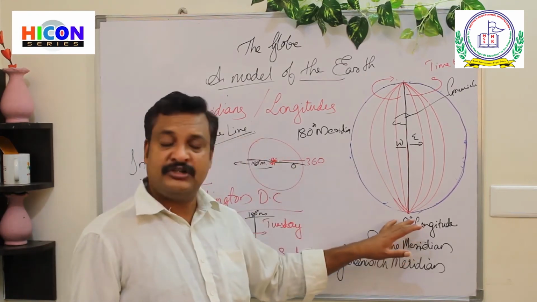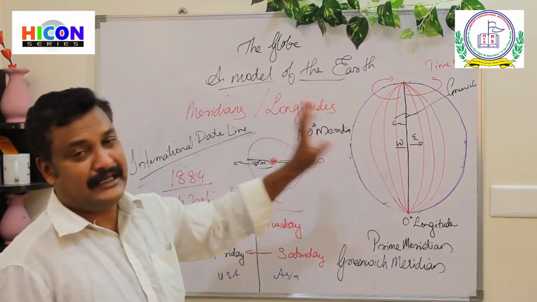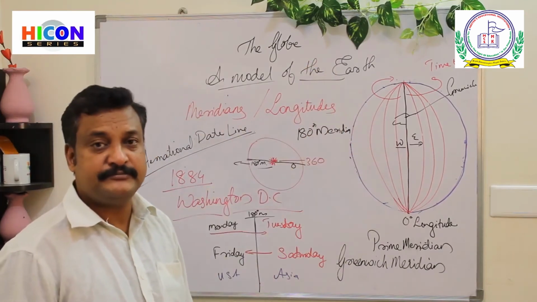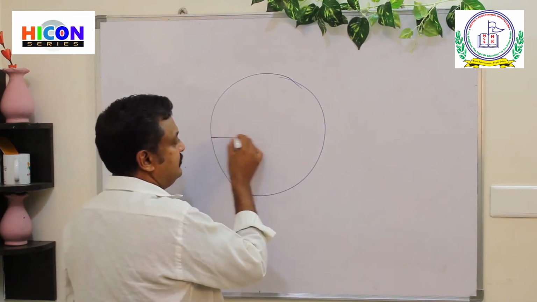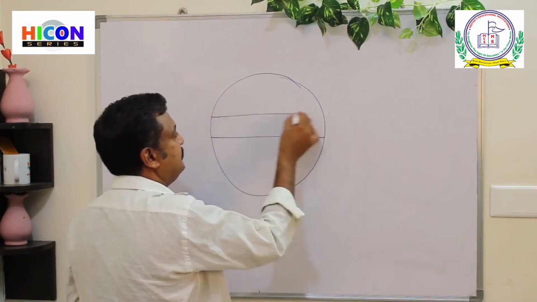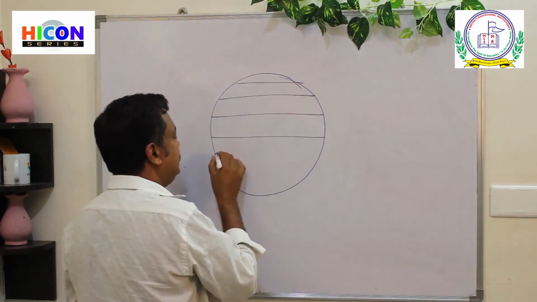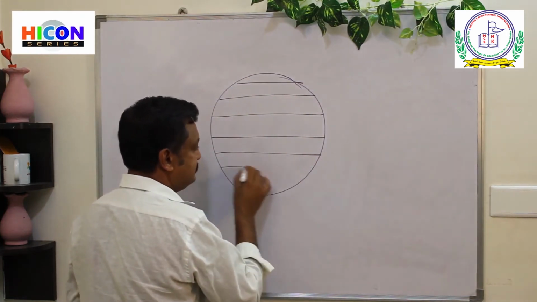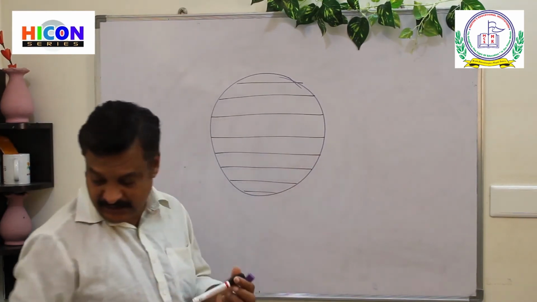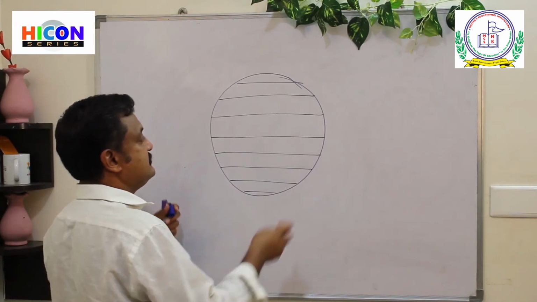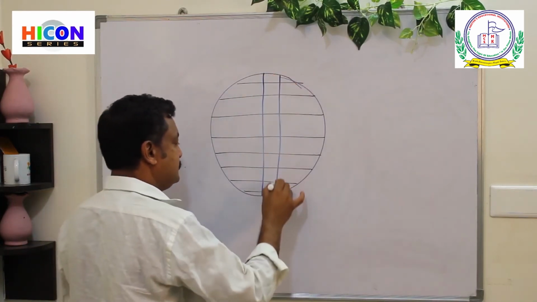The 0 degree longitude, the prime meridian or the Greenwich meridian, is called the international time line. Right? So we have seen the two types of lines that we have on this earth. The parallels, which are also known as the latitudes, and the meridians or the longitudes.